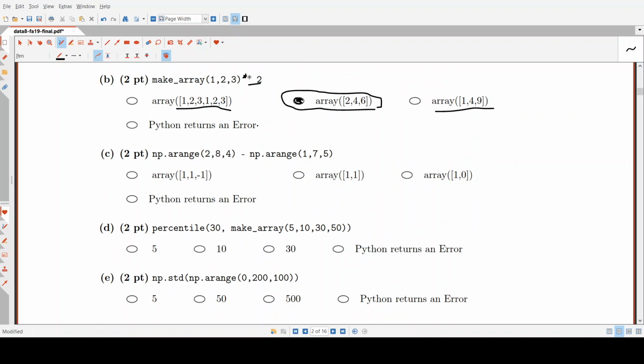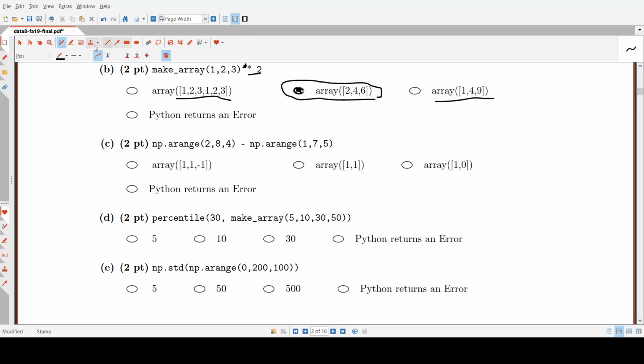Okay. Now, part C is np.arange of 2, 8, 4 minus np.arange of 1, 7, 5. As I alluded to earlier, np.arange can take in 3 arguments. The first is the start, the second one is the end, and the third is the jump.